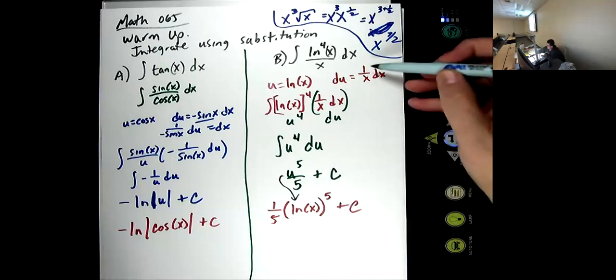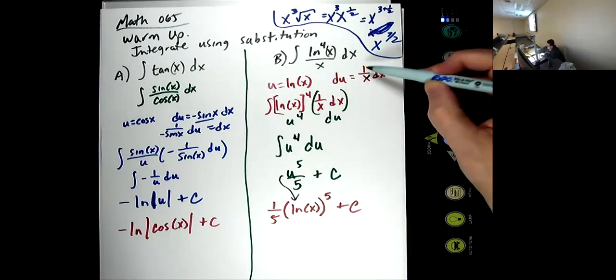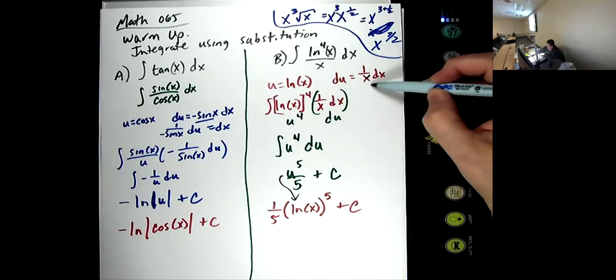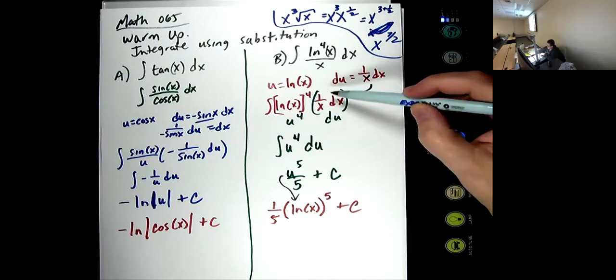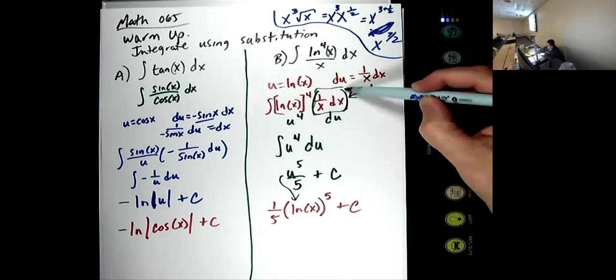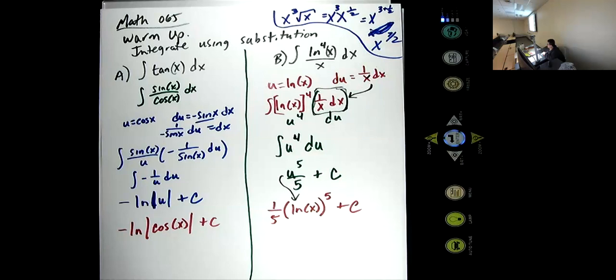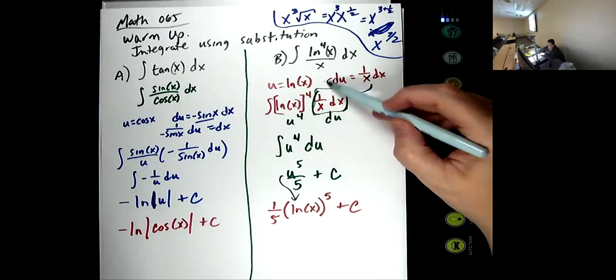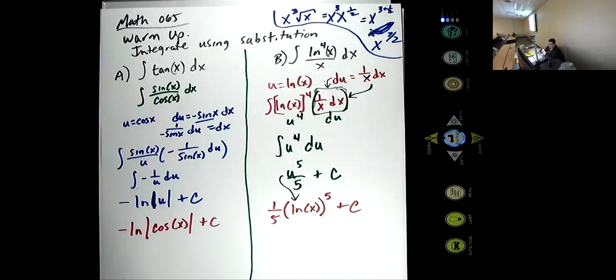The 1 over x was eaten. This is du equals that right there, and we had that right there. So I took that block out and I put in du. Does that make sense? Any other questions?